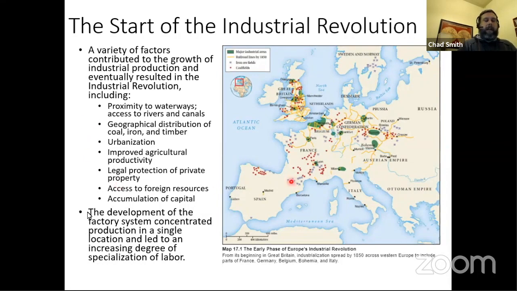So let's take a few minutes and start by looking at this map. On this map, you see the importance of coal fields and their relative closeness to industrial centers. And you can see how where it started, there's lots and lots of coal.